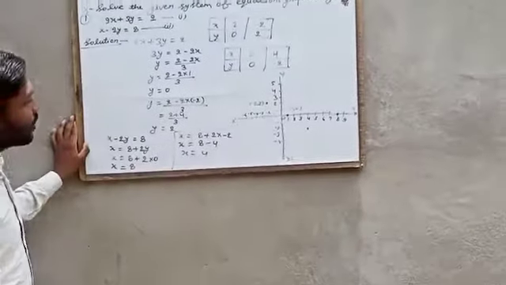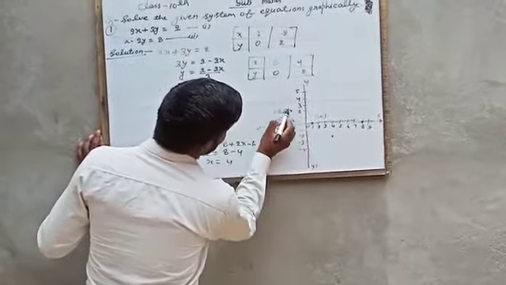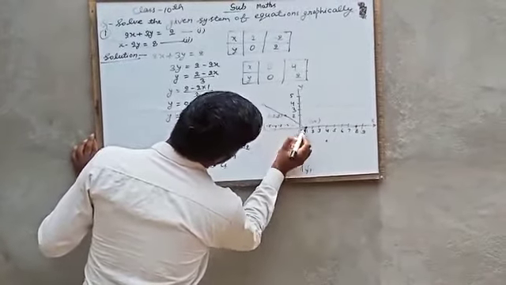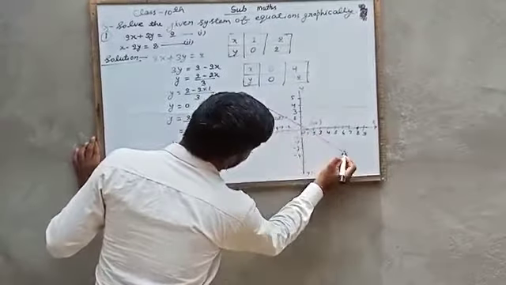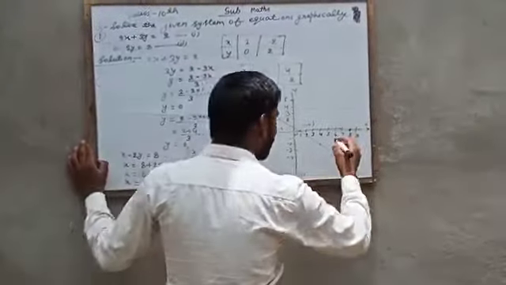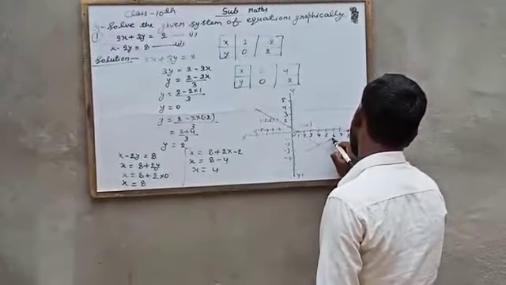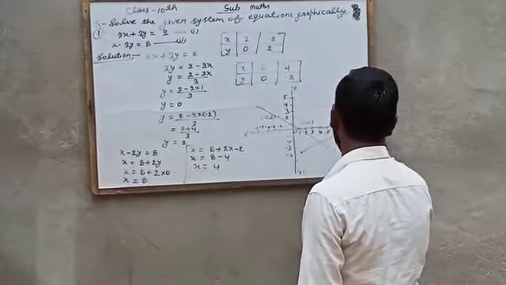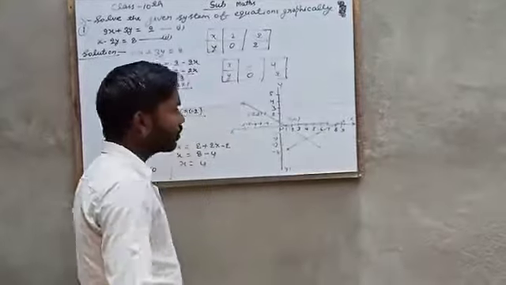Now first of all we will join these two points to form a line. This will go like this. Again we will join these points, so it will make a line here.